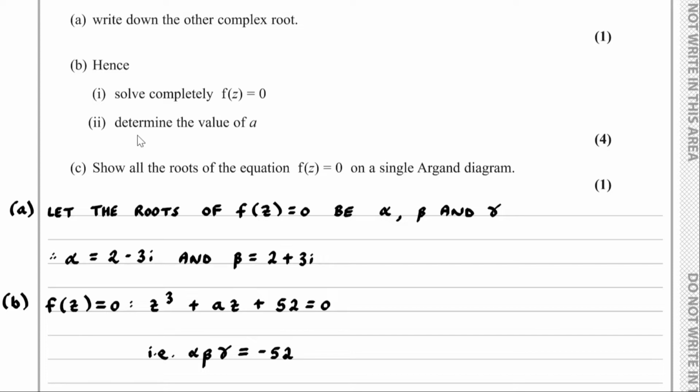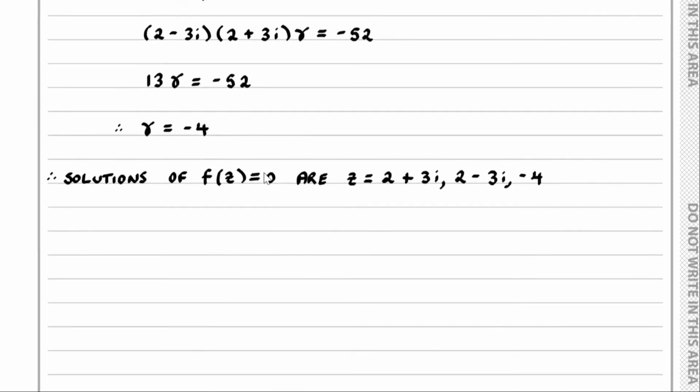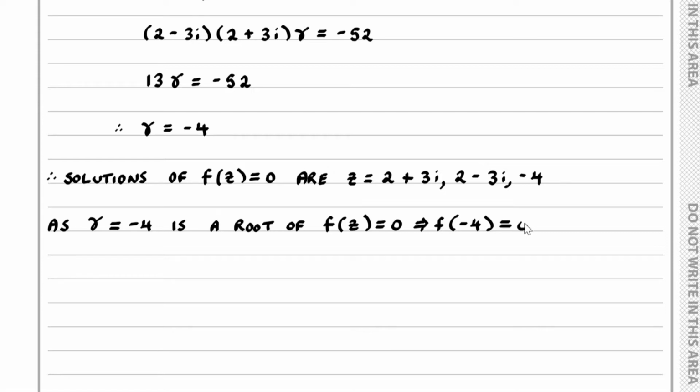Now, for the next part, we have to determine the value of a. Well, as gamma equals negative 4 is a root of f of z equals 0, through the factor theorem, this would imply that f of minus 4 is equal to 0.